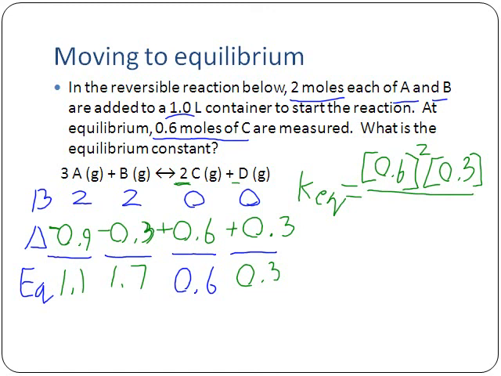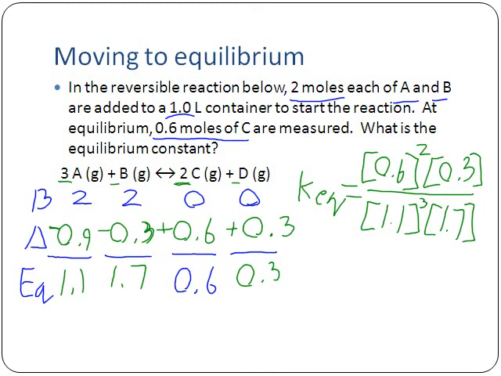We have a concentration of 1.1, and since the coefficient is 3, it'll be 1.1 to the 3rd power, times the concentration of B, which is 1.7 at equilibrium. Since the coefficient of B is 1, it's just 1.7.